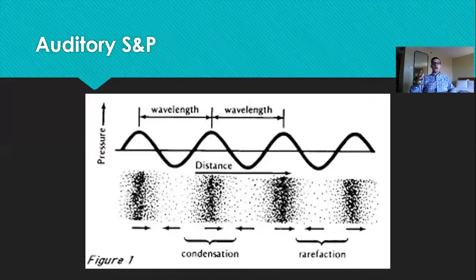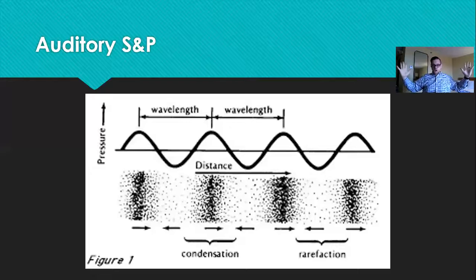Now you can have a very high amplitude, short wavelength. So it's the compression and rarefaction. There's a lot of compression, a lot of rarefaction, but it's happening really fast.